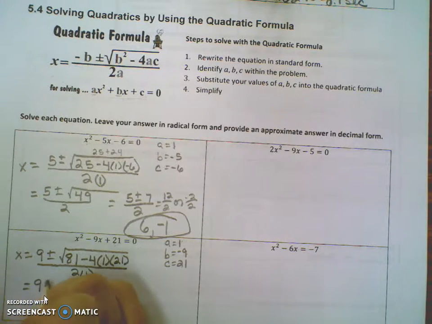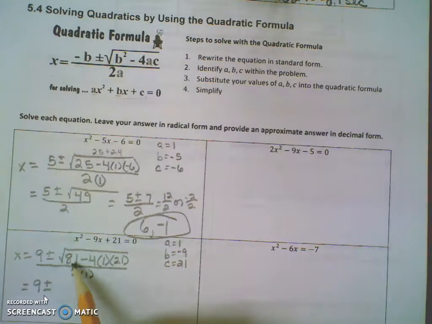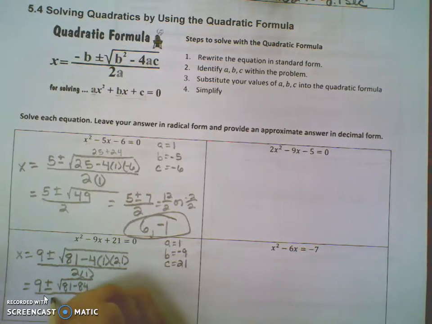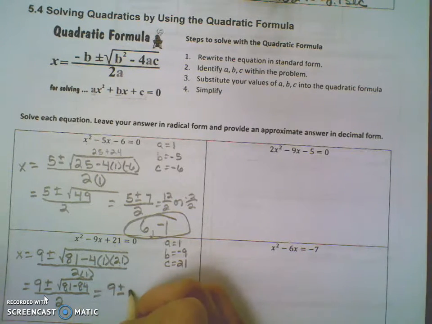Okay, so now I've got 9 plus or minus, so I've got 81 minus 4 times 1, so that's negative 4, times 21 is going to be 84. So I have the square root of 81 minus 84 over 2 times 1, which is 2. So 9 plus or minus the square root of 81 minus 84, which is negative 3, over 2.